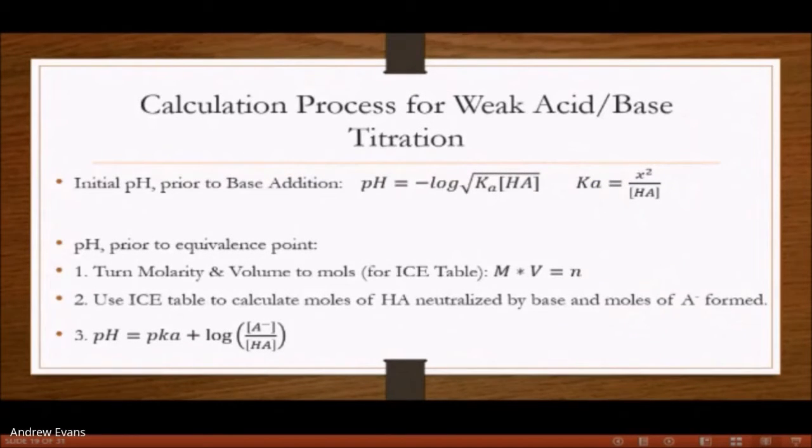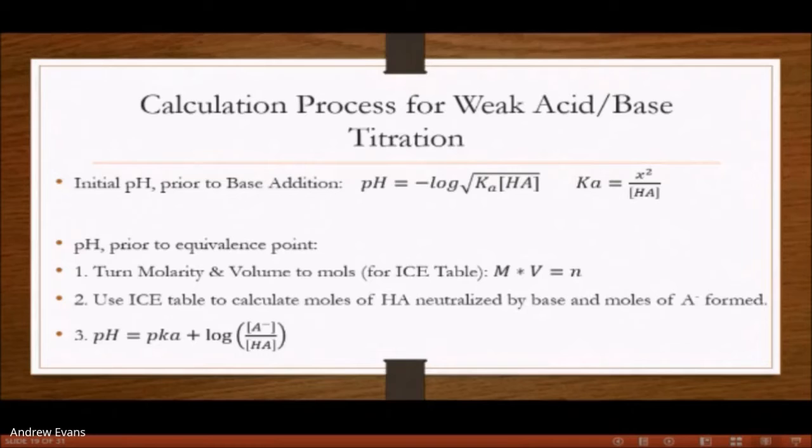Because of the nature of a weak acid and weak base, these steps are a little bit harder. We still have to do the negative log, but we also have to calculate the amount of H plus. The amount of H plus is not simply the amount of HA, as with a strong acid.